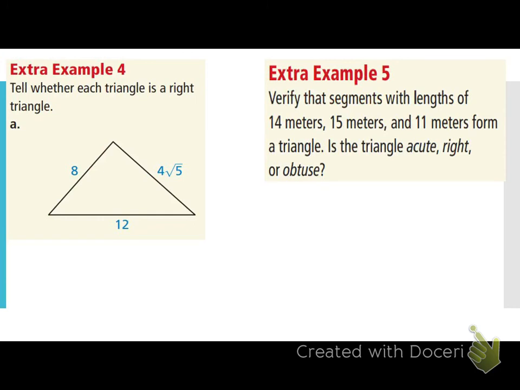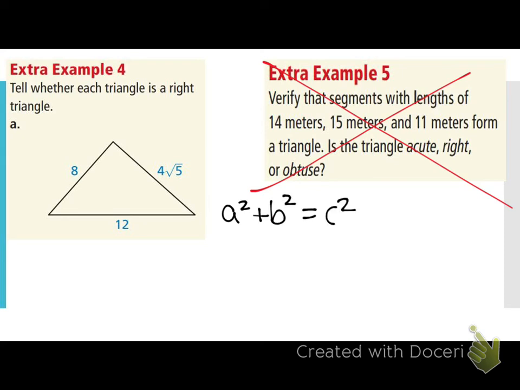Alright, we do one more. I know my screen says 2, but I moved this to the next week so we can just review it then. Tell whether this triangle is a right triangle. We will use the Pythagorean theorem to decide. So a squared plus b squared needs to equal c squared in order to have a right triangle.